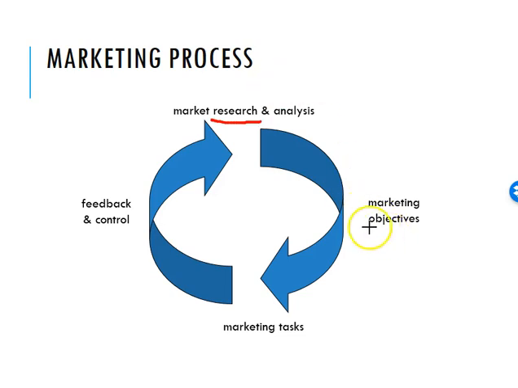From there, we develop marketing objectives. From those objectives, we establish tasks. Objectives are more strategic, tasks are more tactical. And then as with any process, we need a feedback loop, so we need to be able to make changes and to learn from what we did right and what we did wrong by including that feedback.